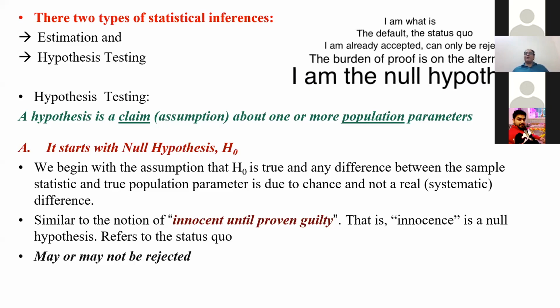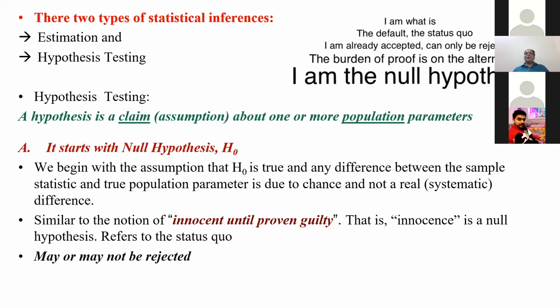And the objective of this hypothesis is to reject it. Most researchers want to reject the null hypothesis because they want to challenge it. So one thing is very clear, that null hypothesis is already there. The researcher's objective is to challenge it, not to accept it, right?